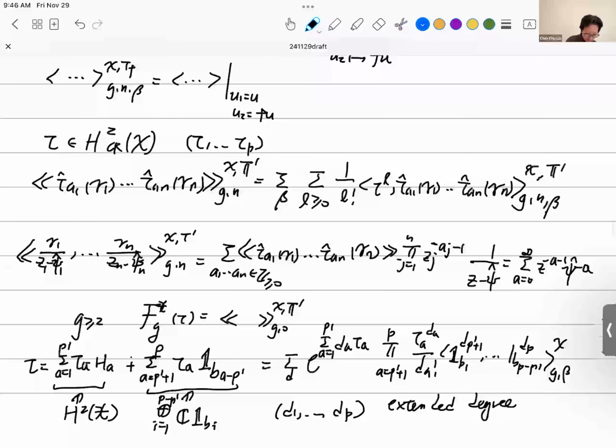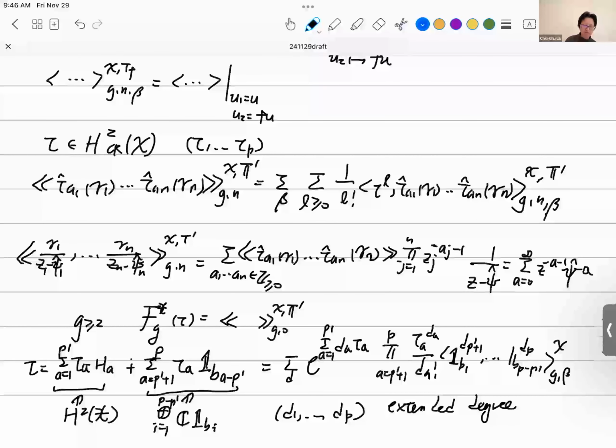Okay, just a remark that the divisor equation in the orbifold case only works on the H2 of the untwisted sector. Recall that in Gromov-Witten theory, there's a divisor equation for a degree 2 element. Now in orbifold Gromov-Witten theory, that divisor equation only works for elements in the untwisted H2.